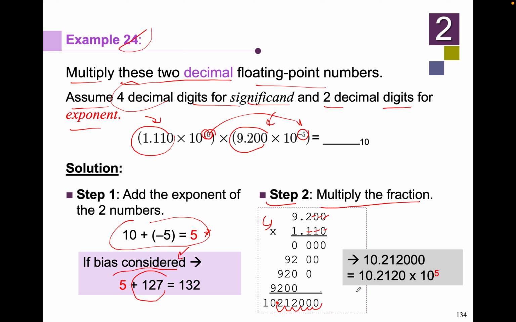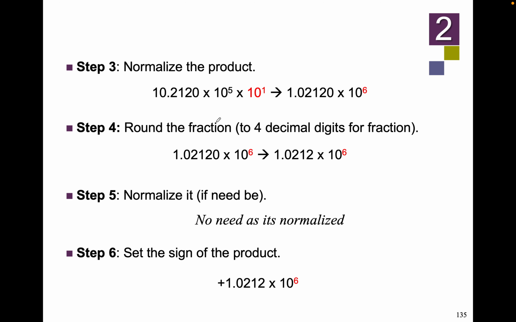So this is your answer, 10.2120 times 10 to the power of 5. Okay, because this one is from your answer here. So that is your answer before you go to the next step 3, which is normalization.